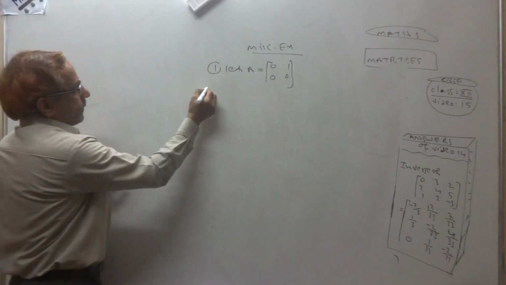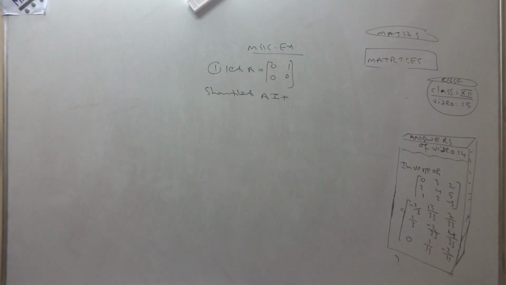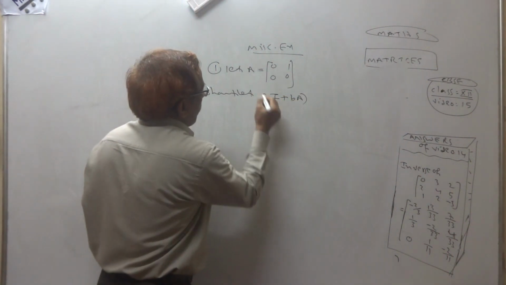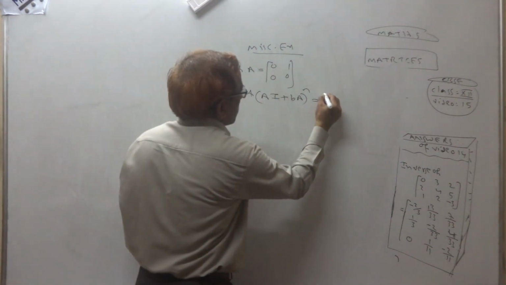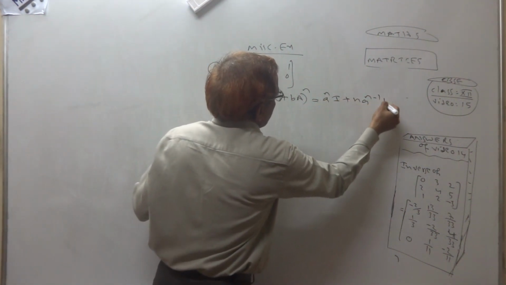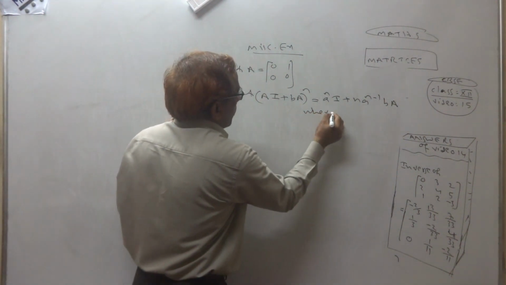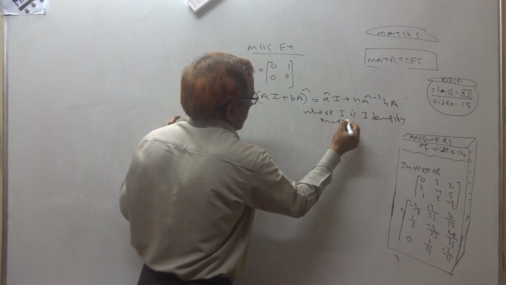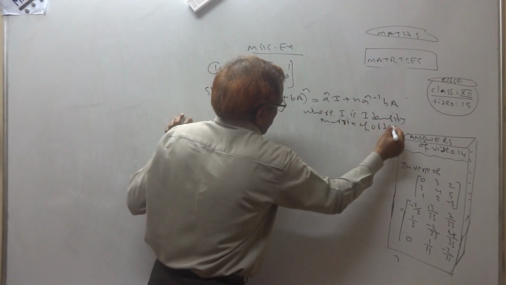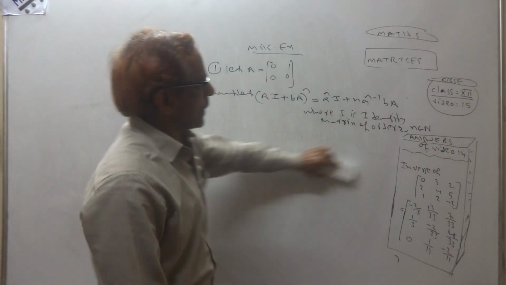Show that (aI plus bA) to the power n is equal to a^n I plus n a^(n-1) bA, where I is the identity matrix of order 2, and n belongs to N. Yes. So miscellaneous exercise, the first question.